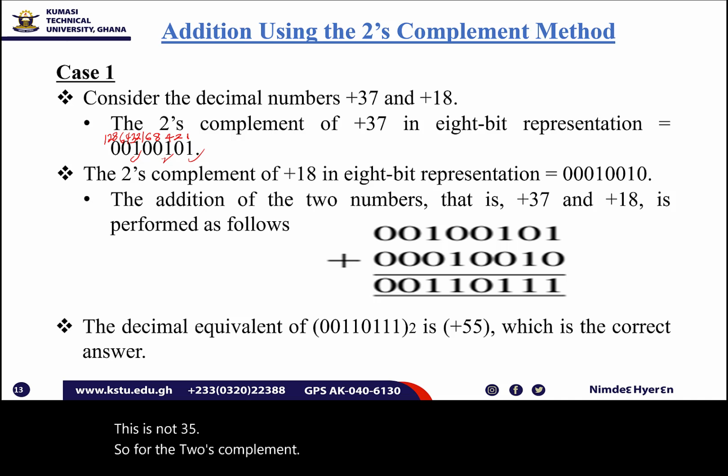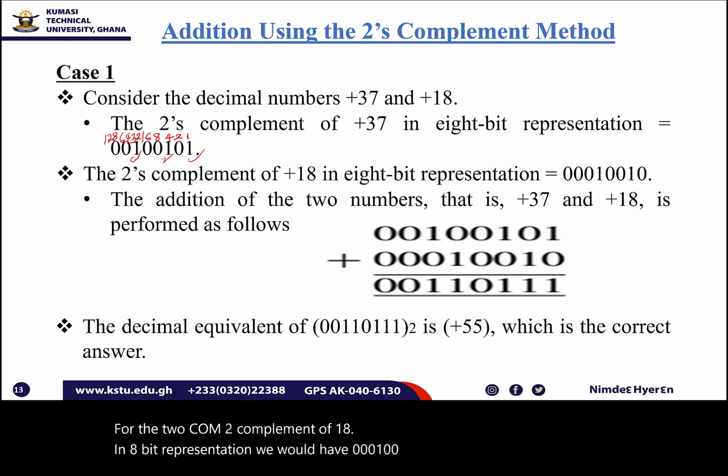So for positive 37 in 8-bit, you have 32 plus 4, which is 36, plus 1, which will give you 37. Now, for the 2's complement of 18 in 8-bit representation, we would have 0, 0, 0, 1, 0, 0, 1, 0.